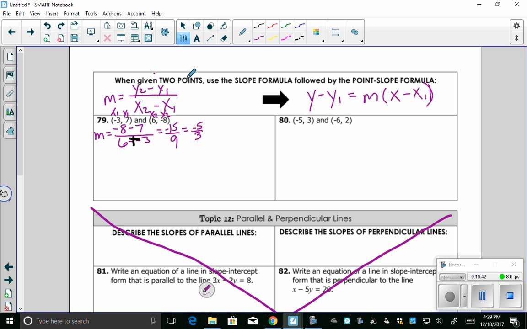Plug it into the formula. It does not matter which ordered pair you pick. I'm going to pick the second one. If you want to pick the first one, you can. You will get the same answer. So I'm going to have y minus -8 equals -5/3 x minus 6. Double negative, change it.